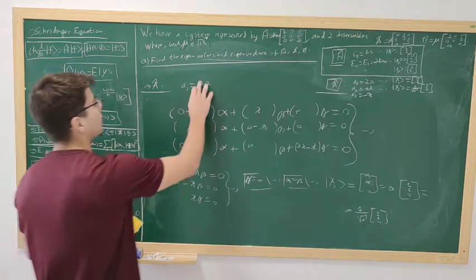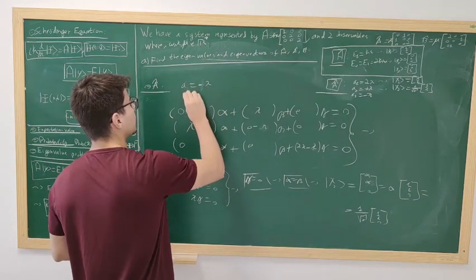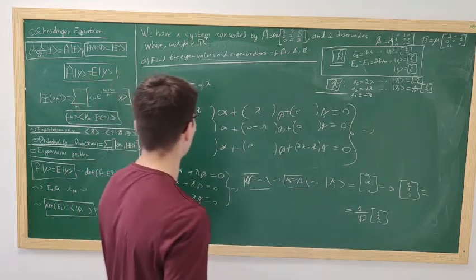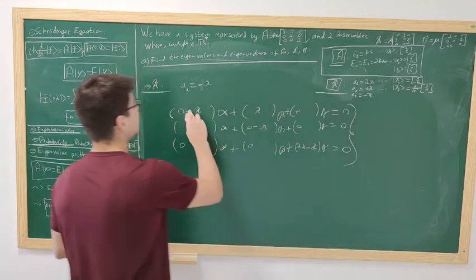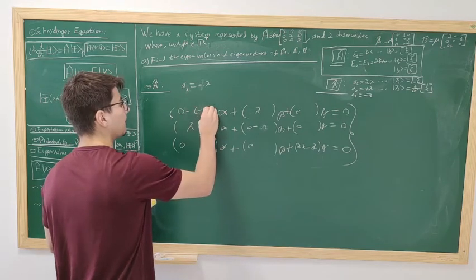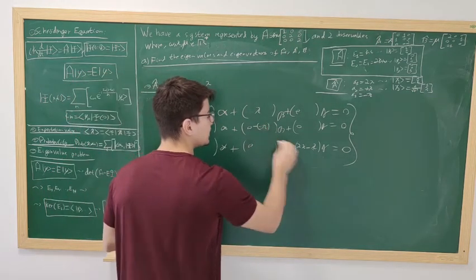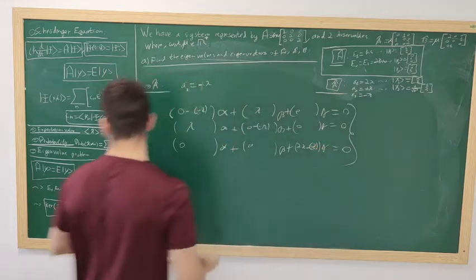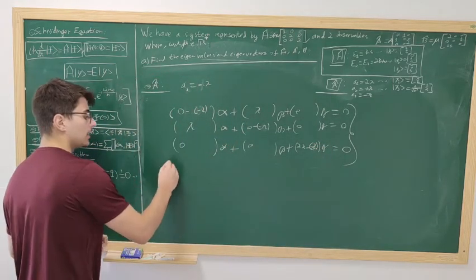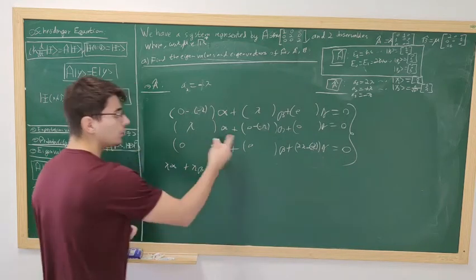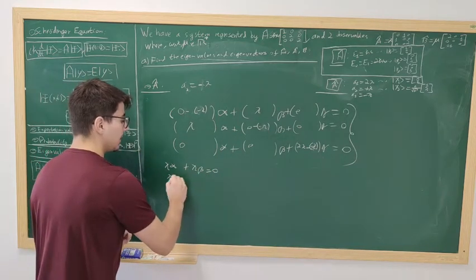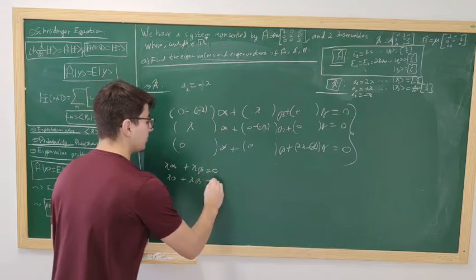Lastly, we have to calculate the eigenvector corresponding to minus lambda. So let me just do this real quick. In this case, we get this, and this. So we have lambda alpha plus lambda beta equals 0. This one is just lambda alpha plus lambda beta equals 0.